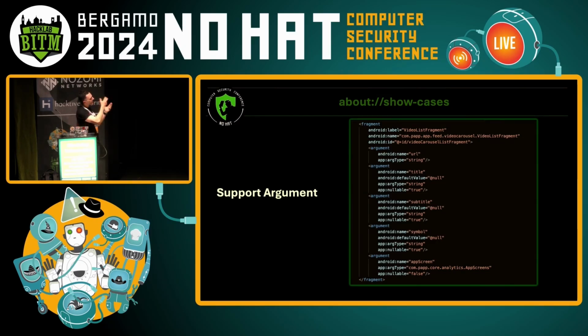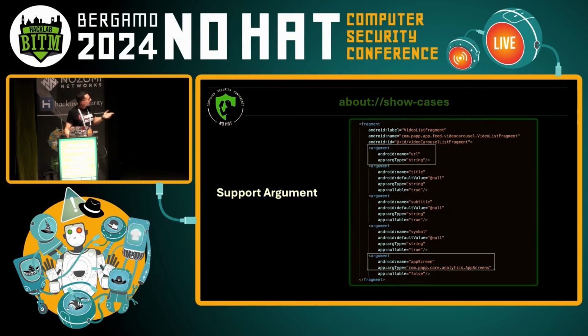So what you see here actually is a navigation graph which has this specific fragment. And in order to call this fragment, we have to use some specific arguments, like the URL, and the last one, which is serializable, as we're going to see.